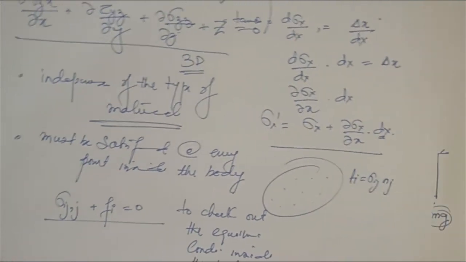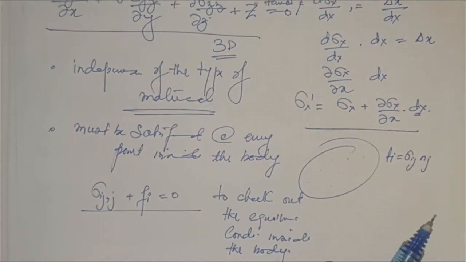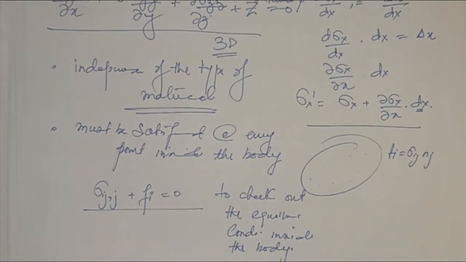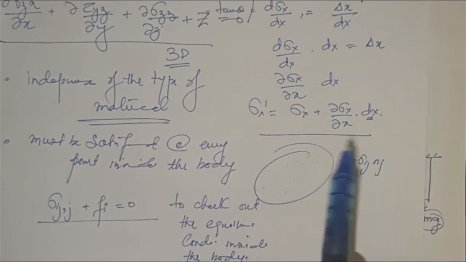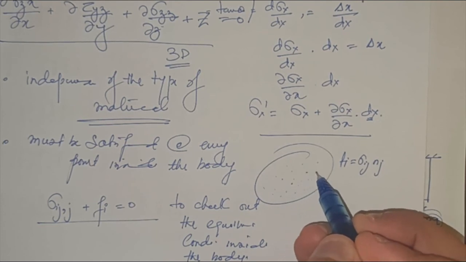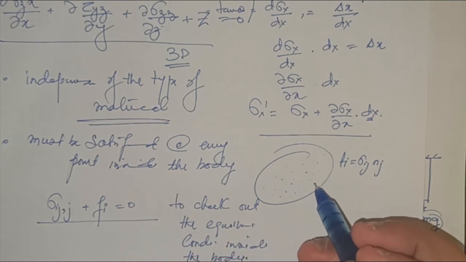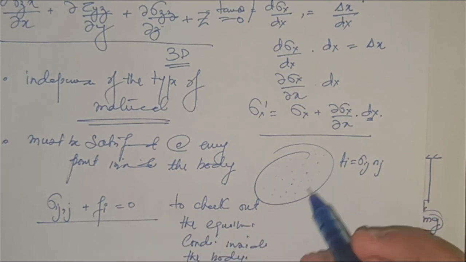And what is the difference in these two equations? What I'm going to tell you will be very important. Very important in the sense that the equilibrium equations will have to be satisfied on each and every point inside the body. Mark my words, the equilibrium equation needs to be satisfied at each and every point inside the body.